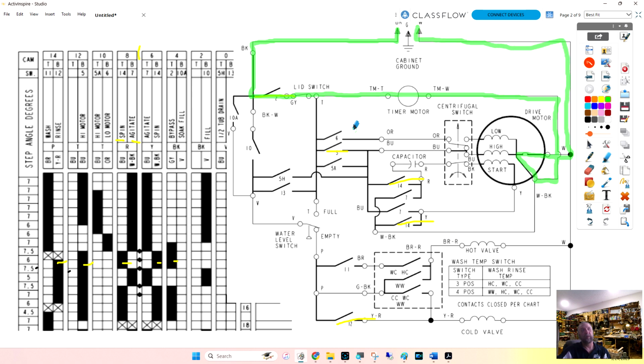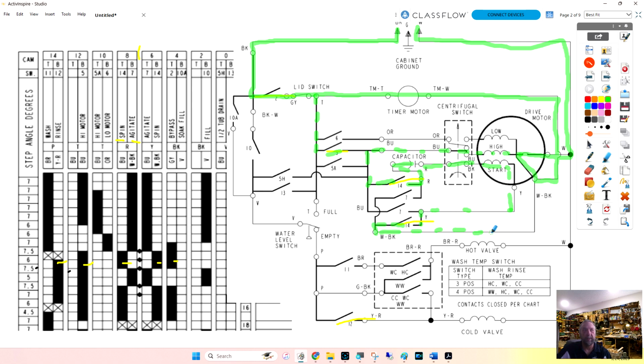So that's that, but we've also got a circuit here, right? And so I hit number 5. I'm going to go through the motor on number 5. Sorry. We're going to go through number 5, and we go through here, through the start winding.